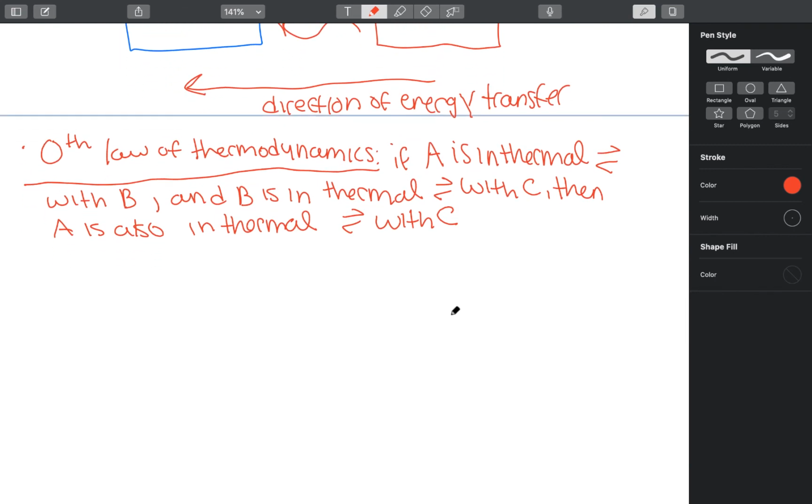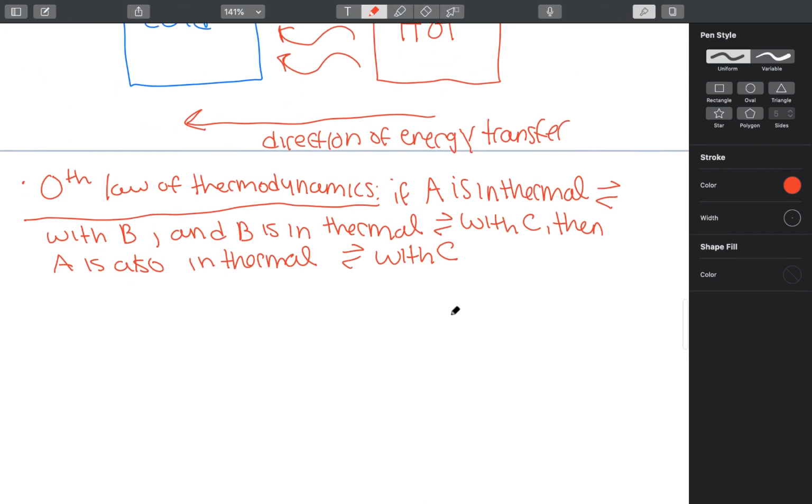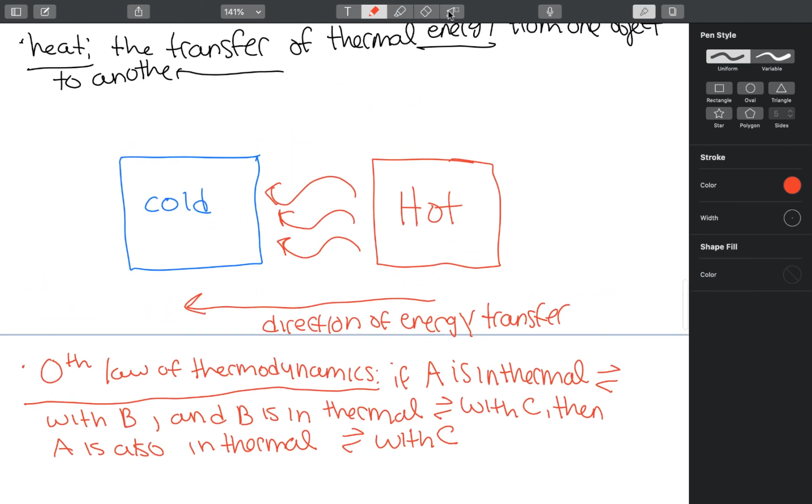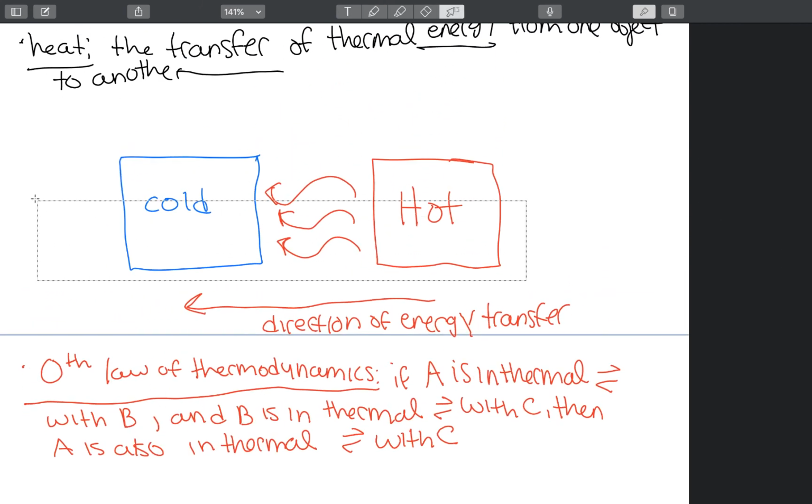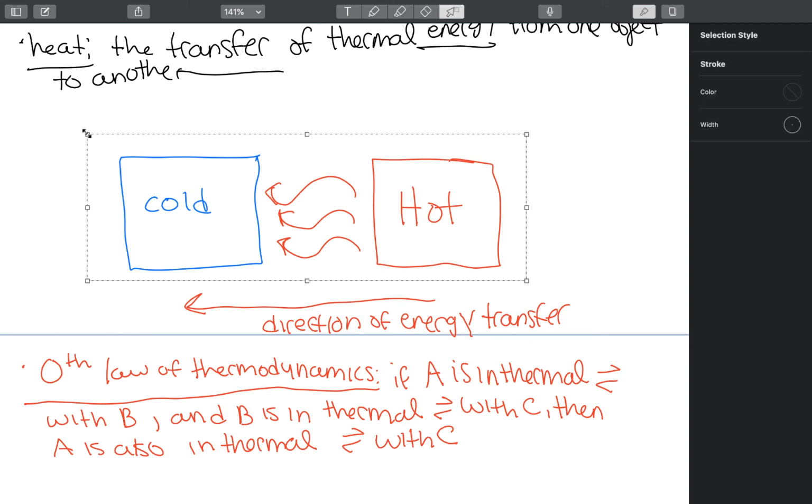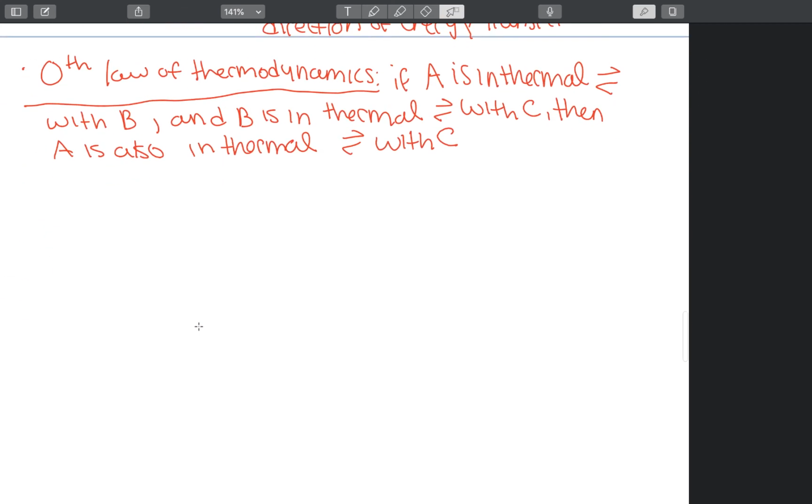So this definition may seem a little confusing to you. So we're just going to use pictures. So imagine once again, I'm just going to copy and paste our hot and cold object. Okay, so let's just bring this down here.